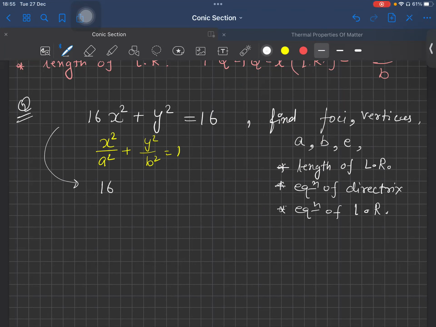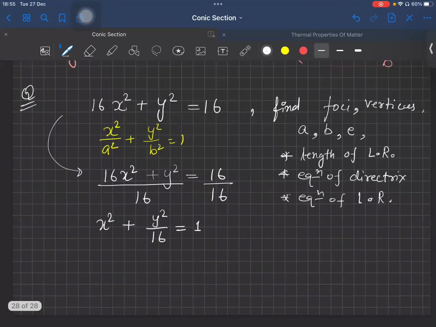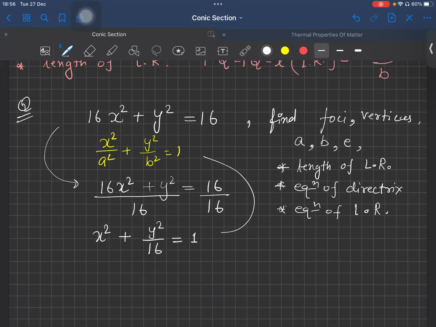What you'll get is x square plus y square upon 16 is equal to 1, right? Comparing these two equations, a is equal to 1 and b is equal to 4, right?